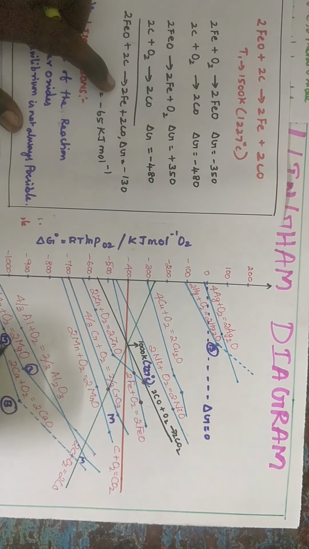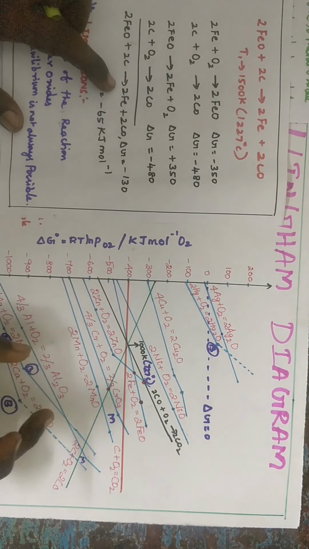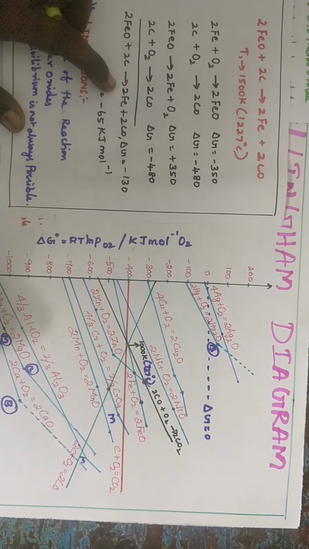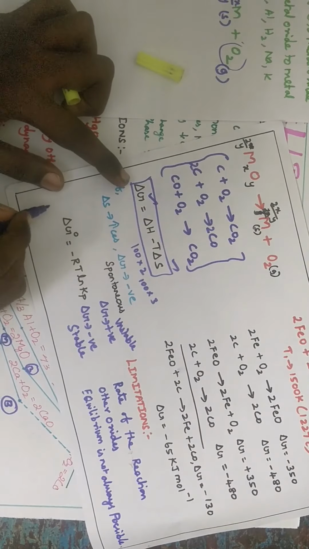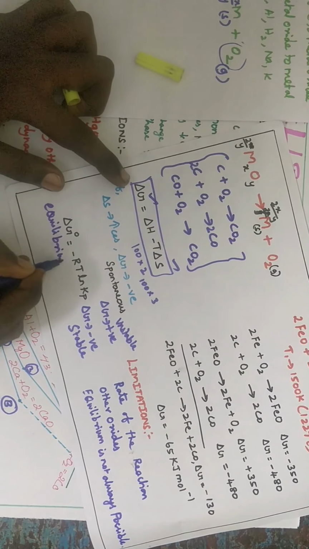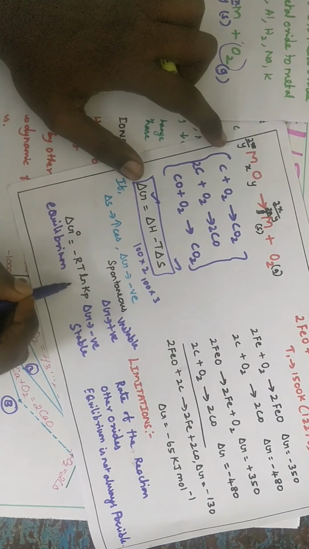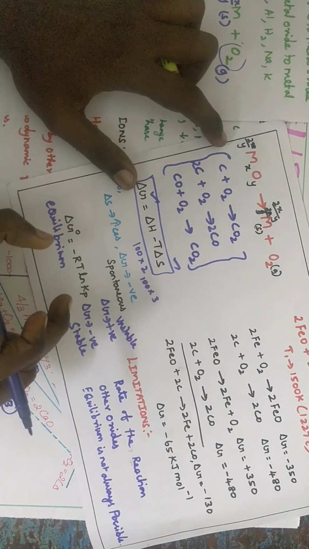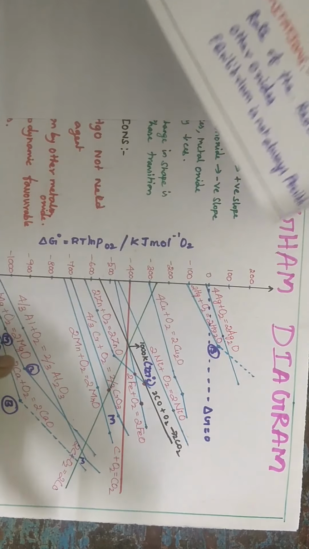Any one equation you consider, say aluminum reacts with oxygen to form alumina. In this equation, we have a particular delta G naught value. This delta G naught value is calculated using the equilibrium equation, which you already studied in 11th standard, second volume, first lesson: delta G naught equals minus RT ln Kp. Using this equation only, they calculated the delta G naught value for the Ellingham diagram.